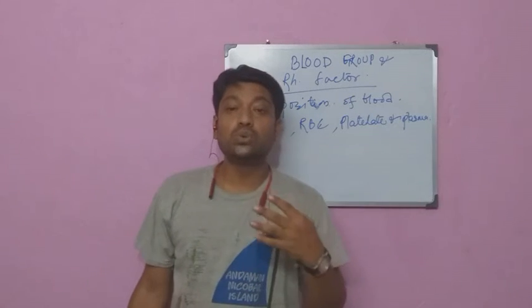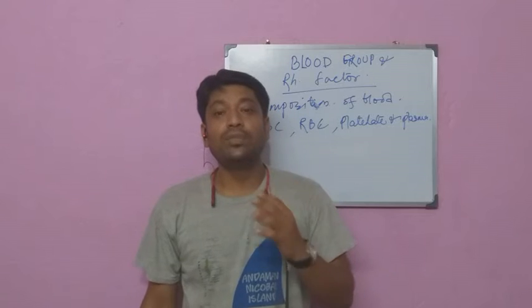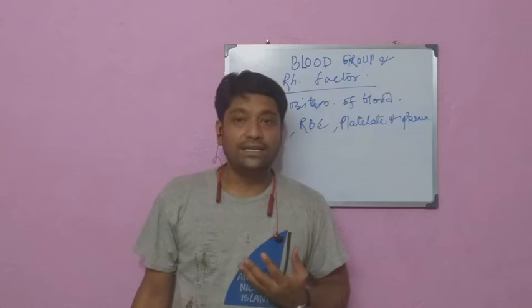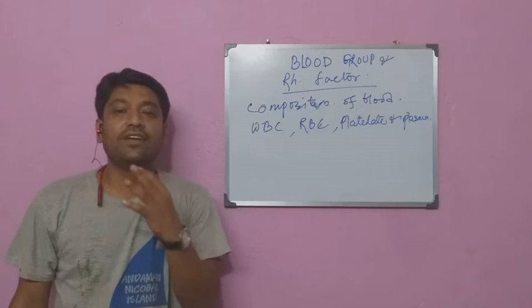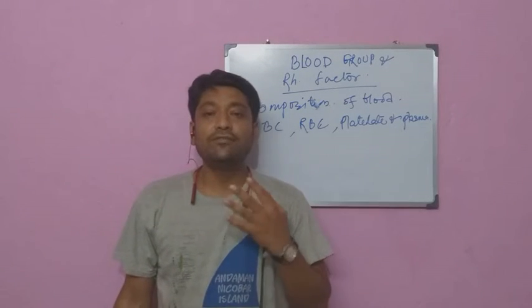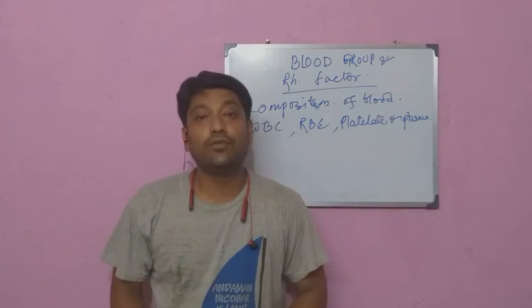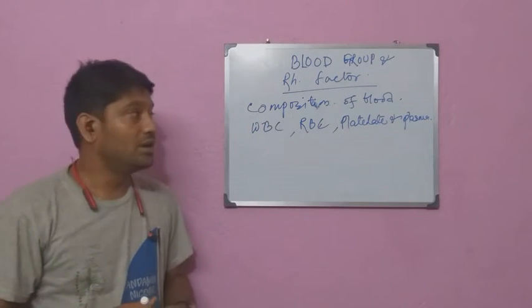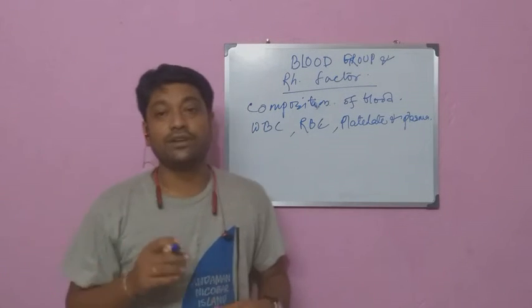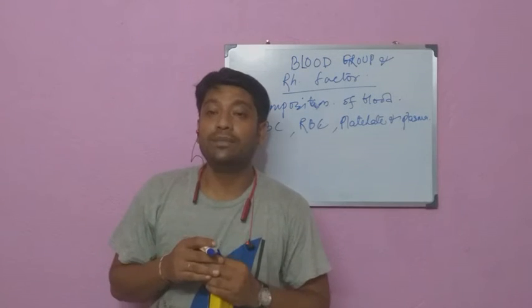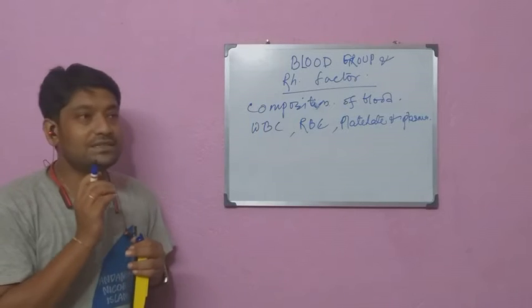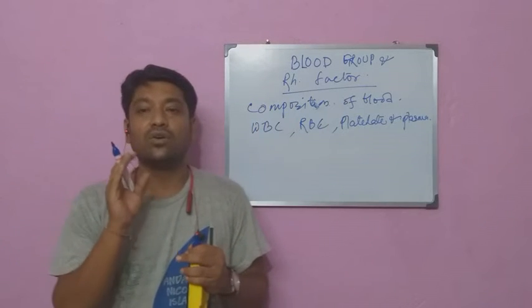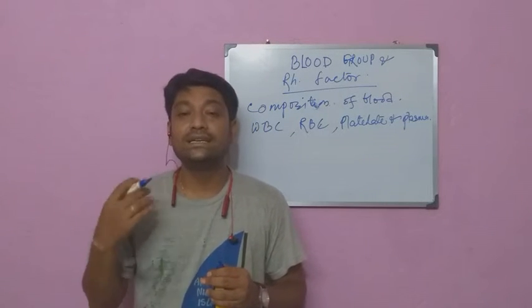Look students, even though the components of blood are the same in all humans, there are various blood types. In fact, there are more than 40 blood groups, but not all of them are clinically significant.